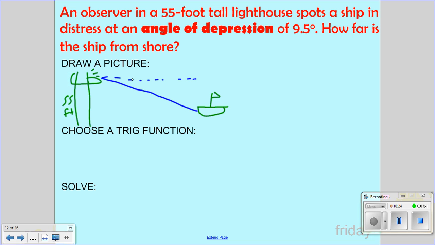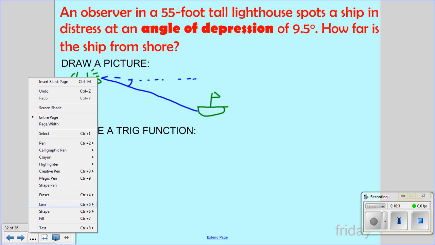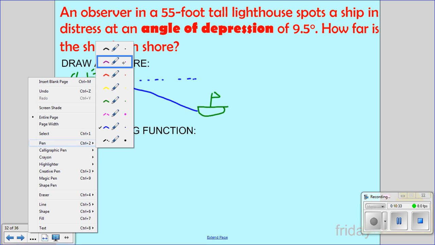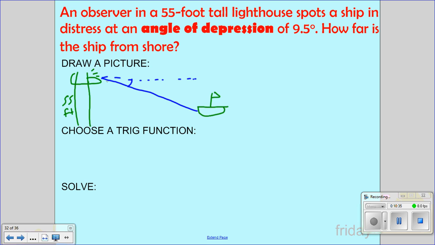So the angle of depression is in this corner here. So let's label that 9.5. It goes in this corner. I don't have room, but it's supposed to be in there. 9.5 degrees.